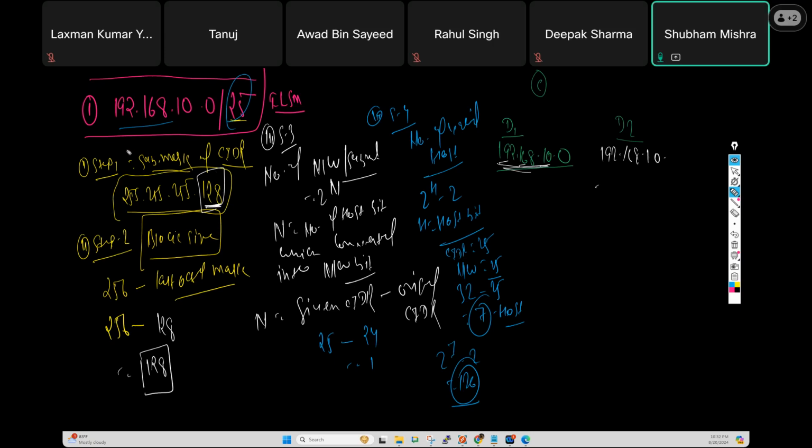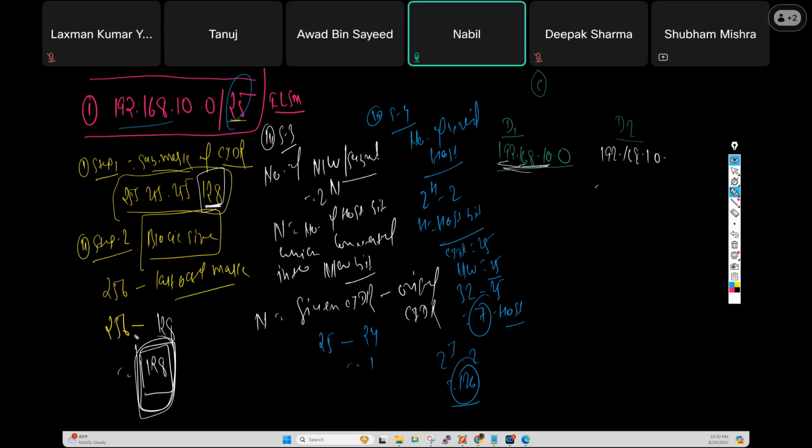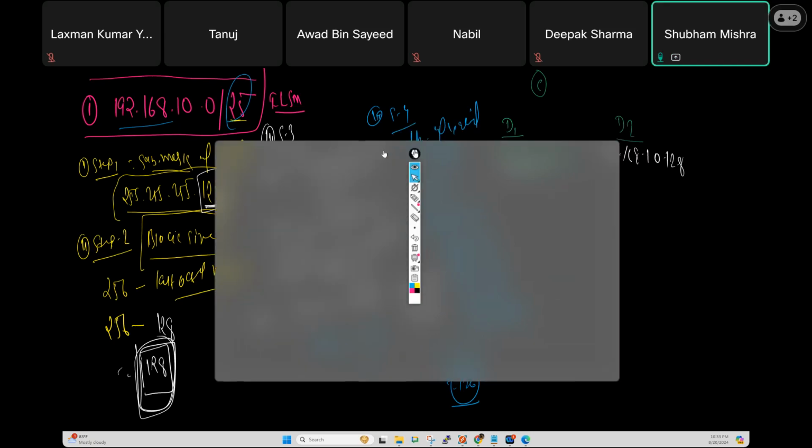What is the block size you calculated? 128. So what you have to do is add the block size value. So when you add 0 plus 128, what will be the value? 128. So this network ID I will assign to department number 2. Getting my point? Understand? Yes or no?